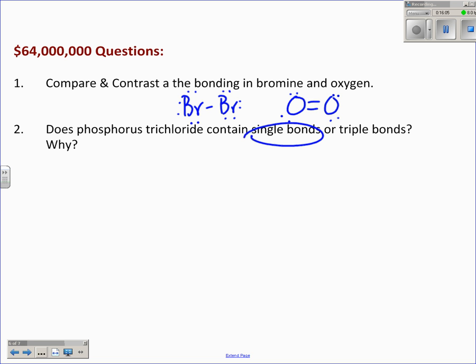You happen to have 3 atoms of chlorine bonded to the phosphorus, but each atom of chlorine is bonded with only a single bond. Don't forget to include the paired electrons that are not shared around your model.